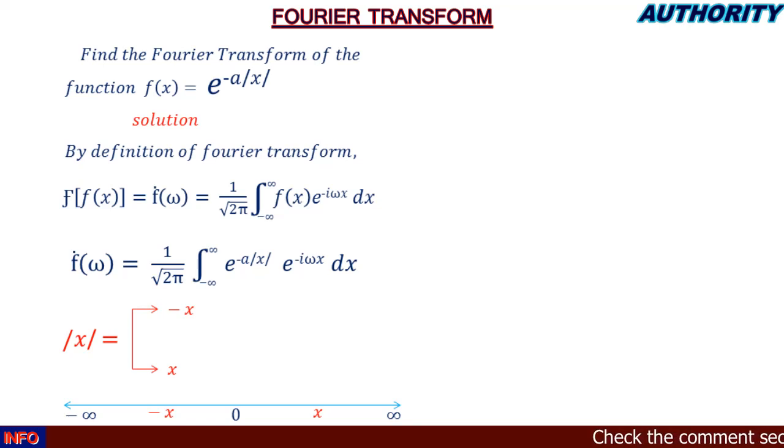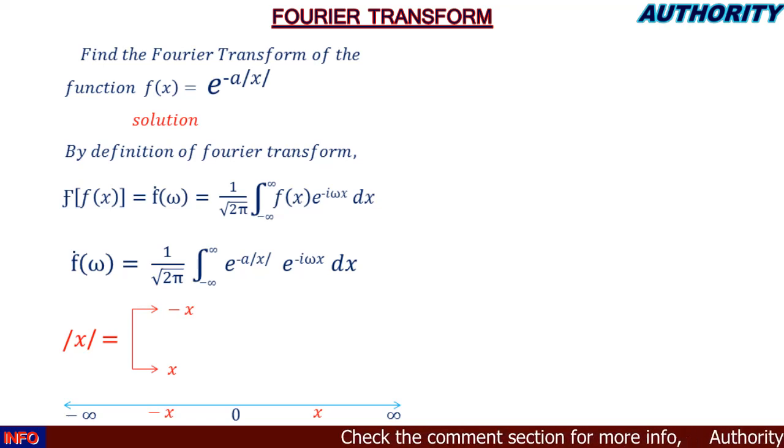All right, good. So that means we are going to find the Fourier transform of this function when x is negative, and the Fourier transform of the same function when x is positive. Then we add them together, because the interval we are given is from negative infinity to positive infinity.